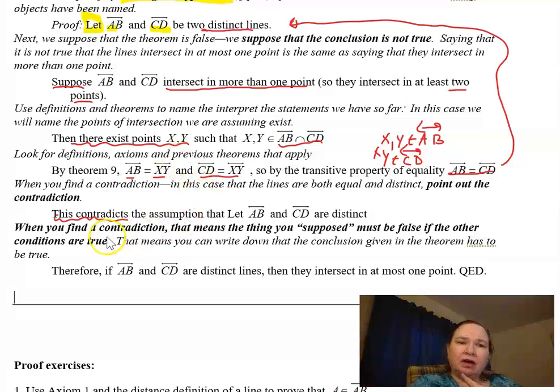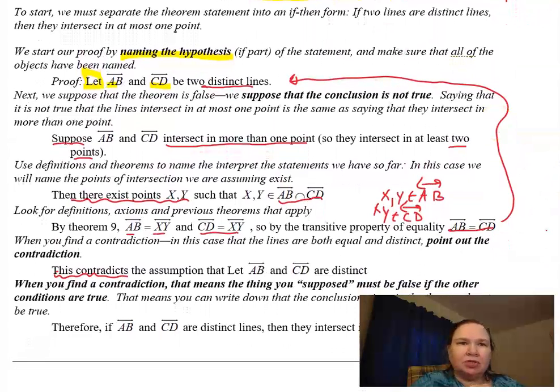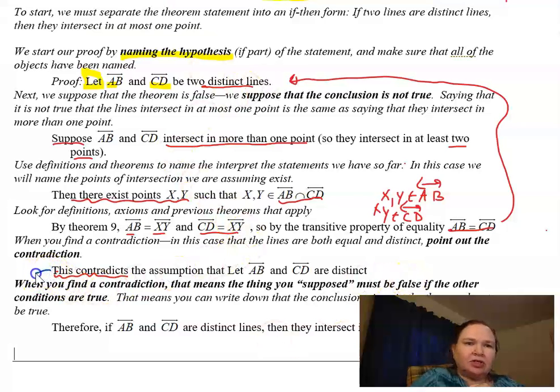Now, once you have that contradiction, what you get to do is go back to where the suppose statement was, the one where you made an assumption. So when I get this contradiction, I go back up to where I said suppose, and what it means is that that supposition is false.